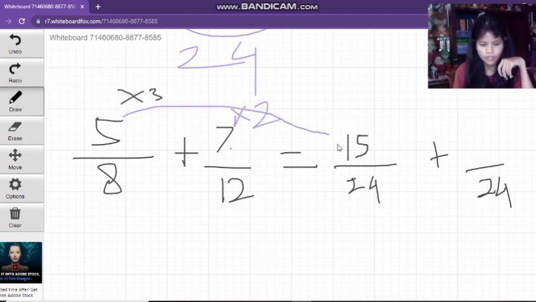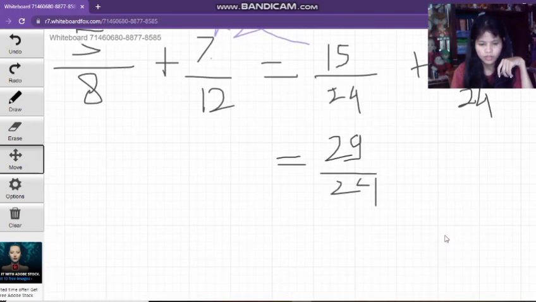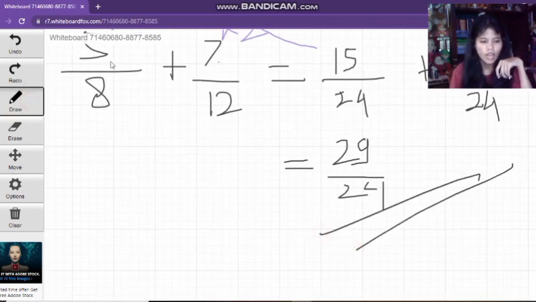So 7 multiplied by 2 is 14. So we got 15 plus 14, 29, over 24. Okay, so we got 29 over 24 from 5 over 8 plus 7 over 12.